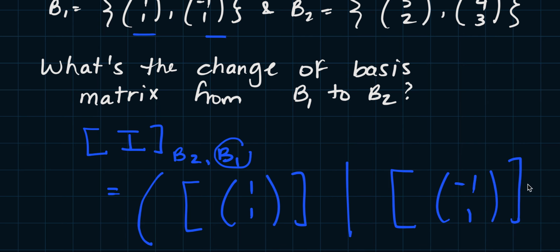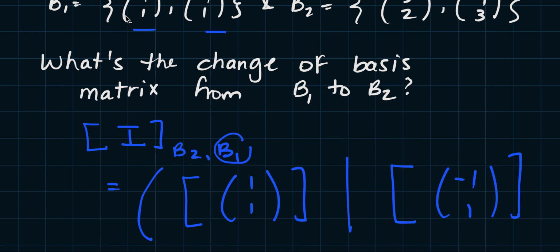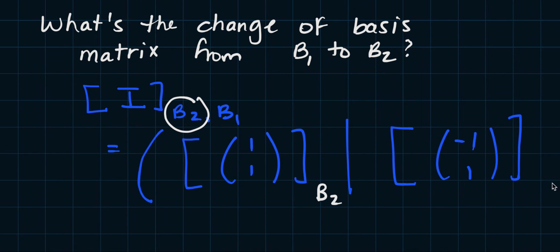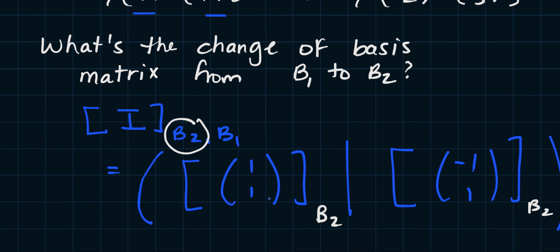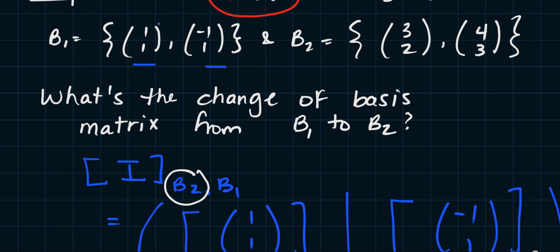And I'm going to write them in terms of this basis. So B2, B2. Let's do that. So I need to figure out how to write this basis vector 1, 1 in terms of these basis vectors.